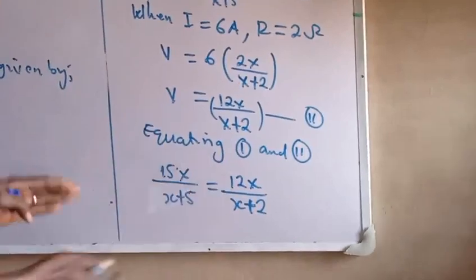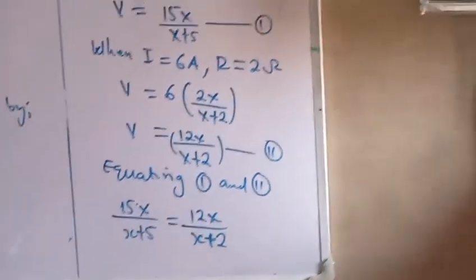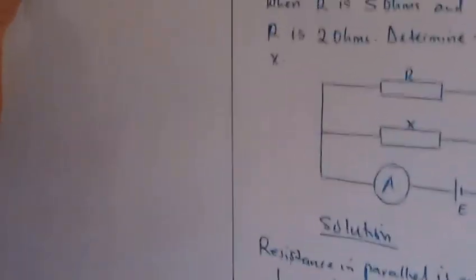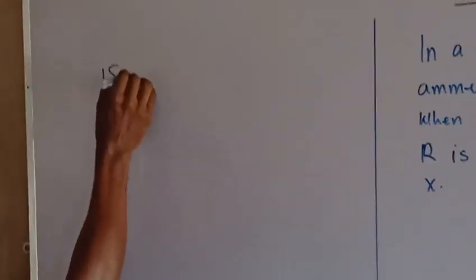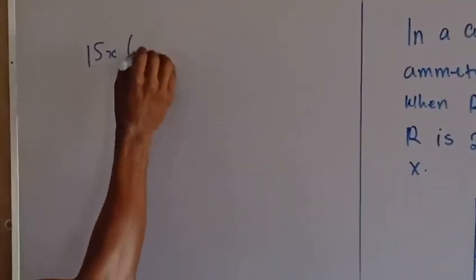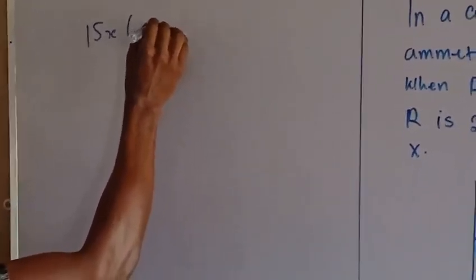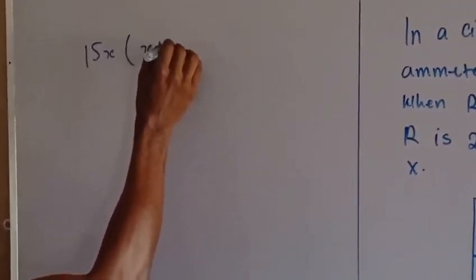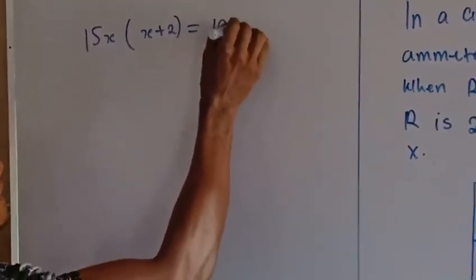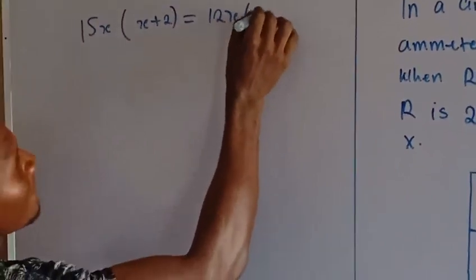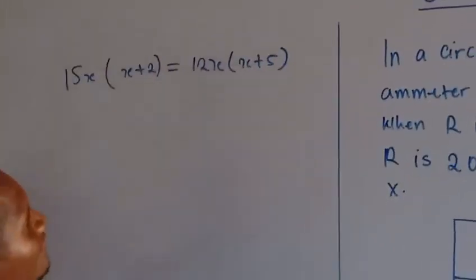Now, we can simplify or we can cross multiply in this situation. So by cross multiplying, we can have 15x into x plus 2 is equal to 12x into x plus 5.